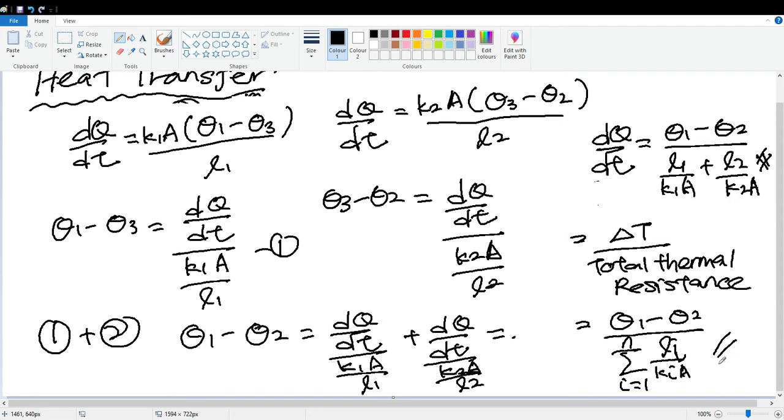So this is the general formula for the rate of heat flow for the objects involving the two objects and the rods.